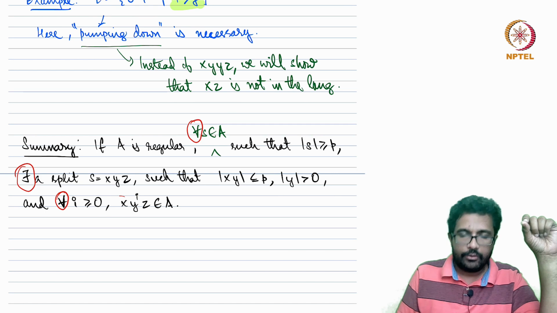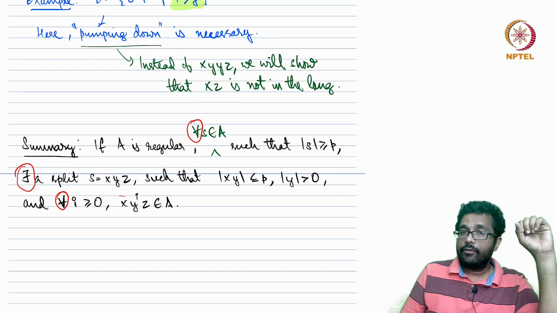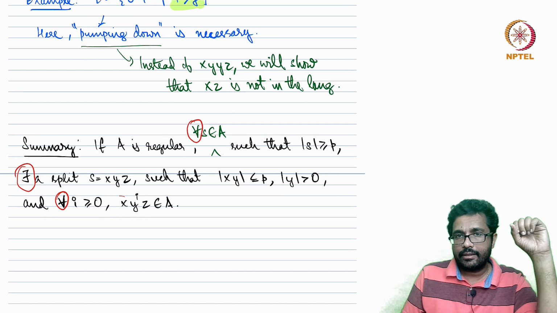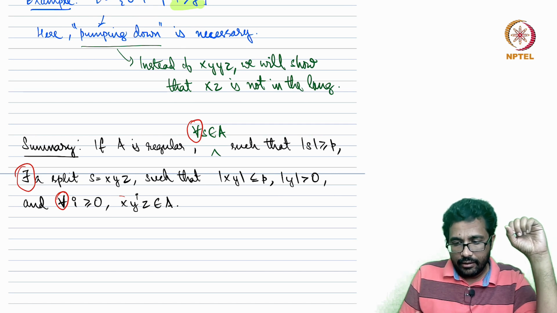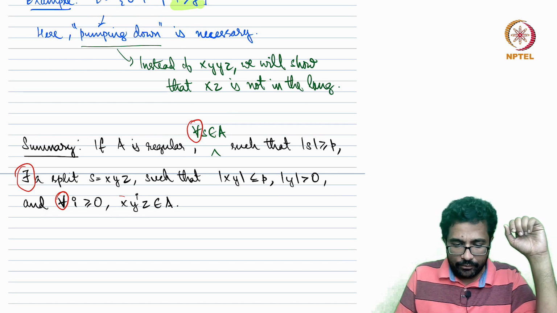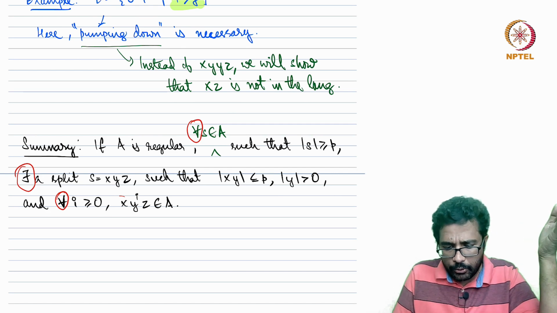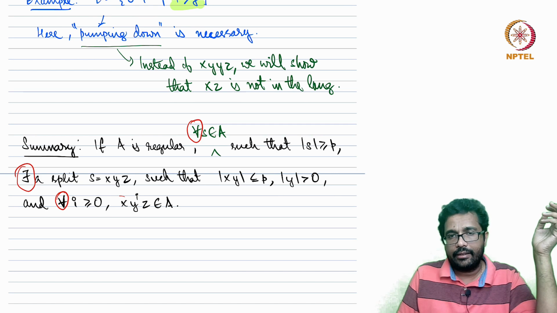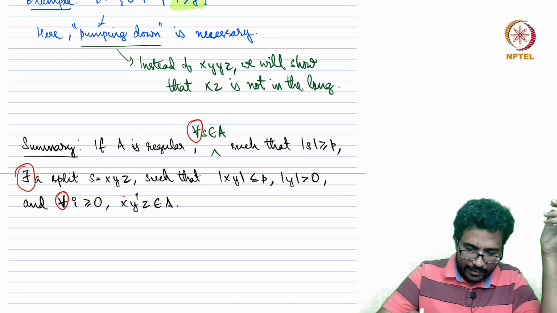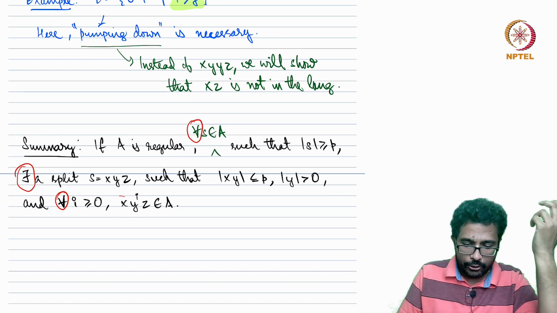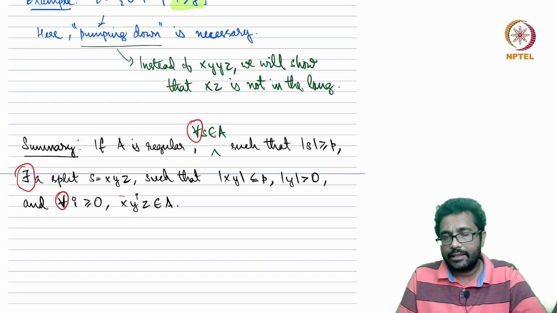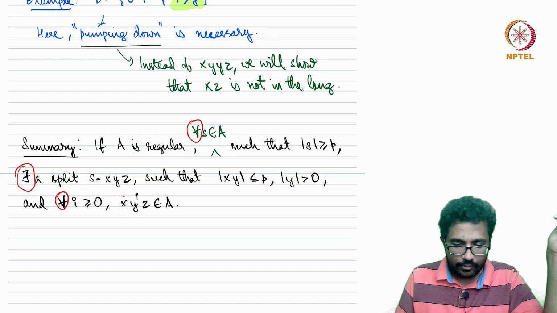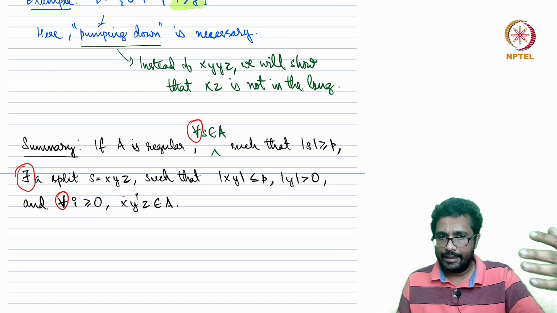We just have to show one i for which this is not satisfied. In all the examples that we worked out, the i was 2. We said that xyyz is not in the language, but there could be other cases too.